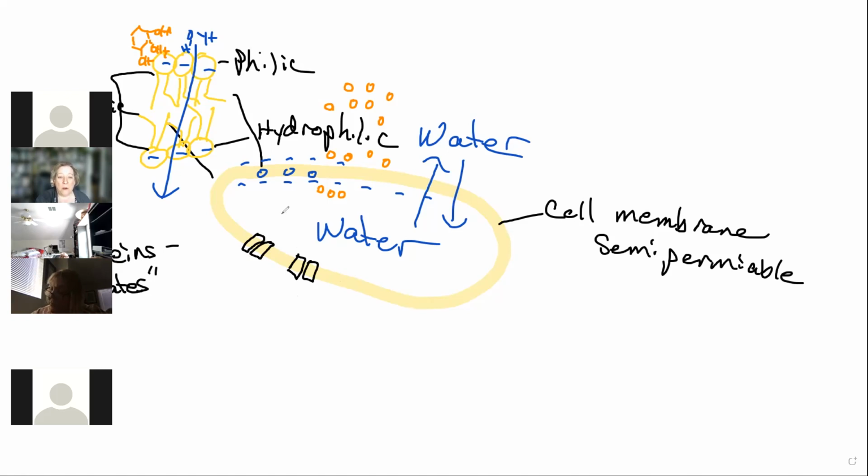There are two different kinds of these transport proteins. Some of them are passive. They just open up and things can come through, or they can go out.